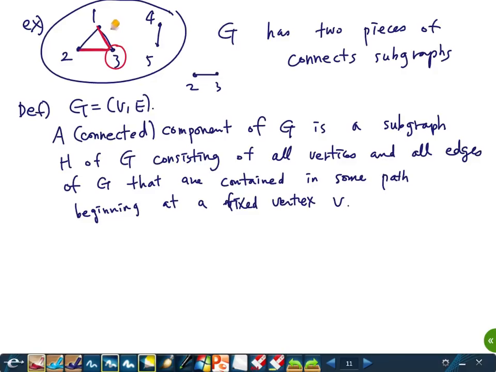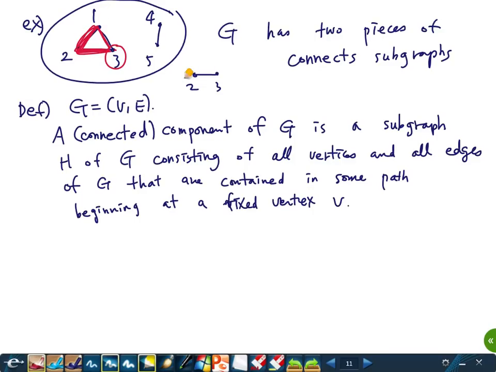This is a path, so we have 3 there, and this edge is a path from here to here. So we must have all of this. So this is a connected component. Okay? This is not a connected component because it does not have all possible things that can be reached from 3. Is this clear? So this is a connected component, this is not.